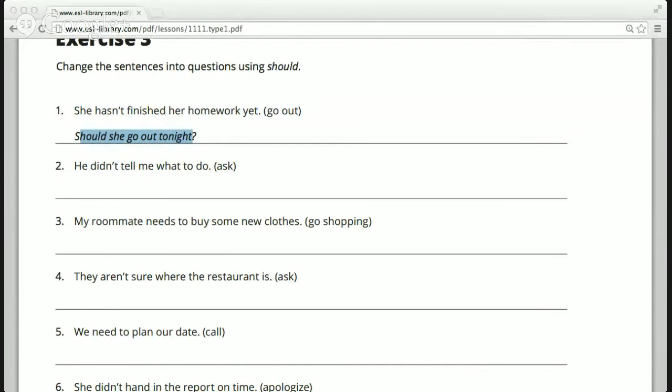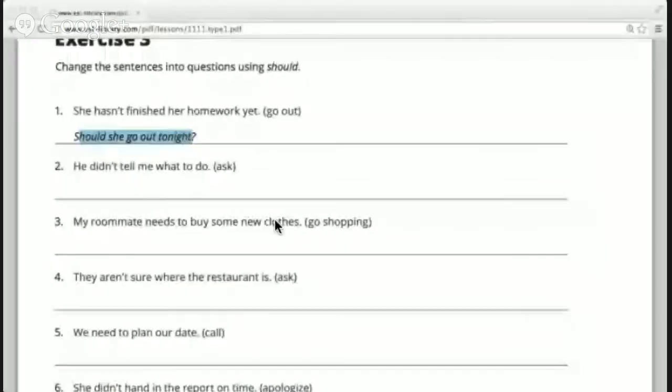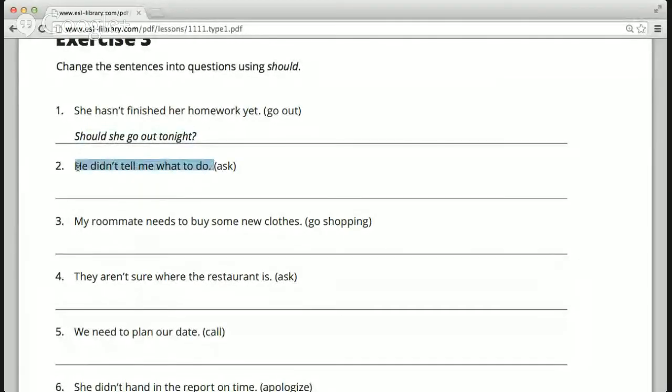So we're going to add our opinion or our advice. Let's start off with Salvatore. I want you to read this first. You're going to create the question. Remember, you start off with "should," then the subject, then our verb. Then I want you to answer that question.